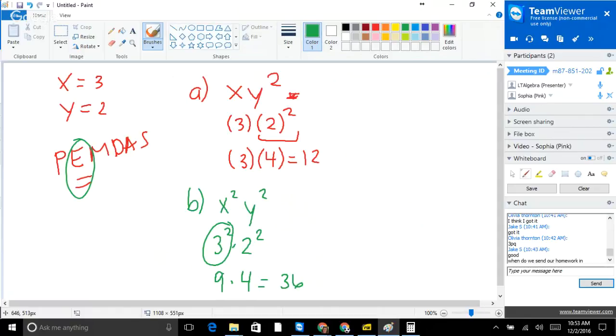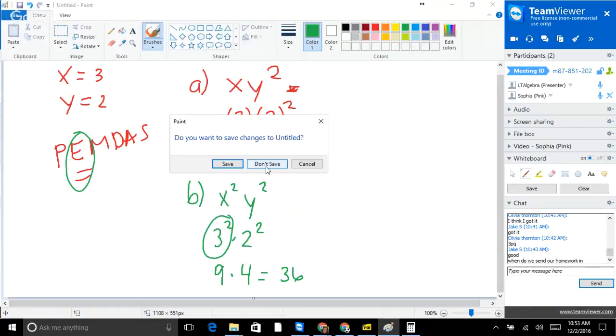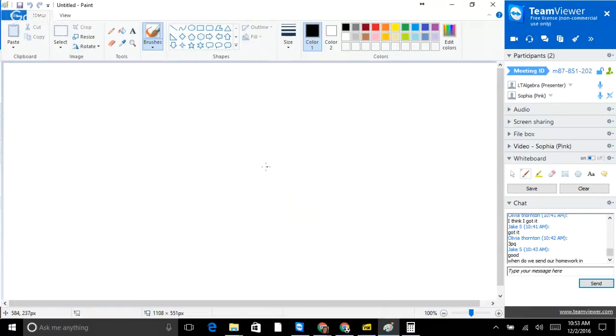Number 17. Multiply. Fractions, huh? They just don't go away. I know a lot of people get to algebra and they're like, I'm finally done with fractions. No, they're still here.